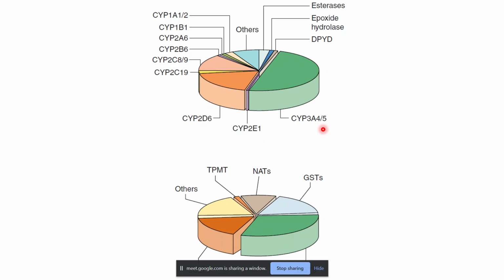The activity of these enzymes can be induced by the drugs or by chemicals, and induction will result in the faster metabolism, and that lead to the decrease in the pharmacologic action.